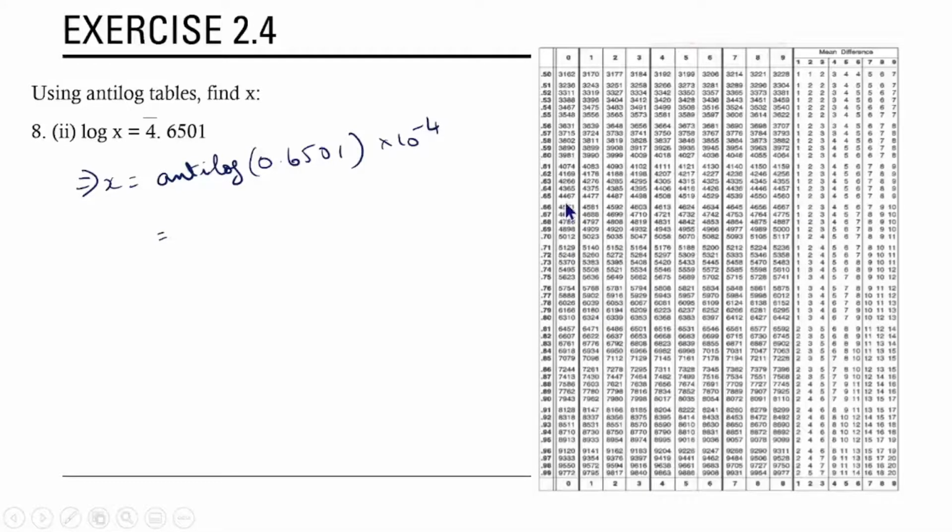So it is 4.467 plus 1, 4.468. So this is 4.468 into 10 raised to minus 4. If it is 10 raised to minus 4, then after the decimal point we should have 3 zeros. So it is 0.0004468.